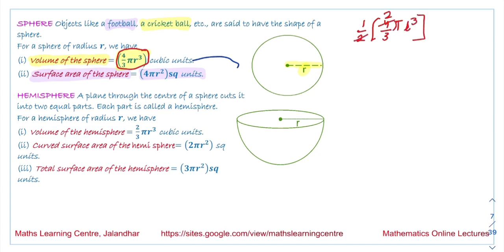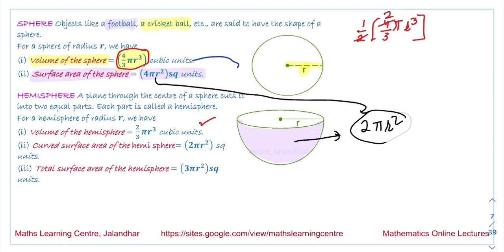The 2 gets cancelled, and we are left with the volume of the hemisphere as 2 by 3 pi r cube. When we talk about the curved surface area of the hemisphere, we are considering this portion of the hemisphere and the area of this portion. The area of this portion will be half the total surface area of the sphere. So that will be 2 pi r square.